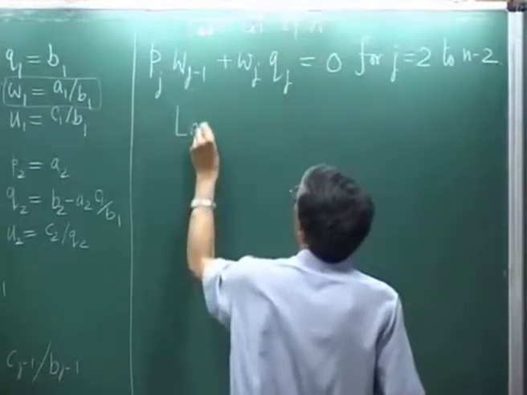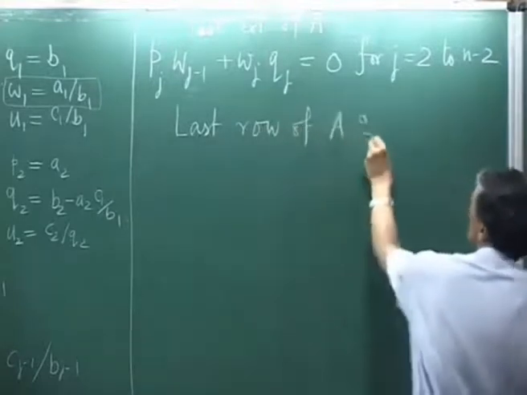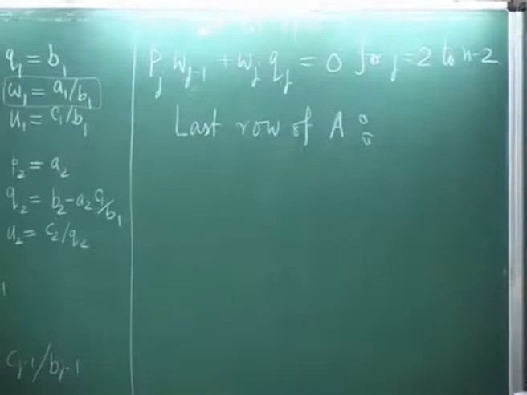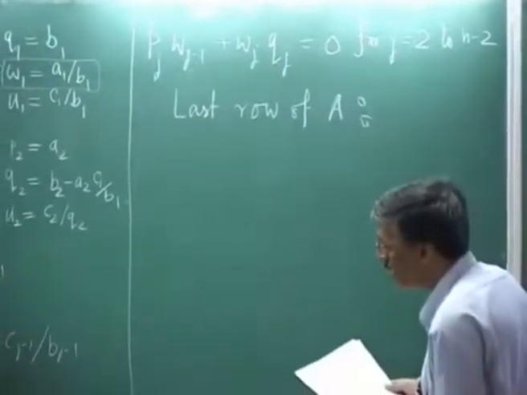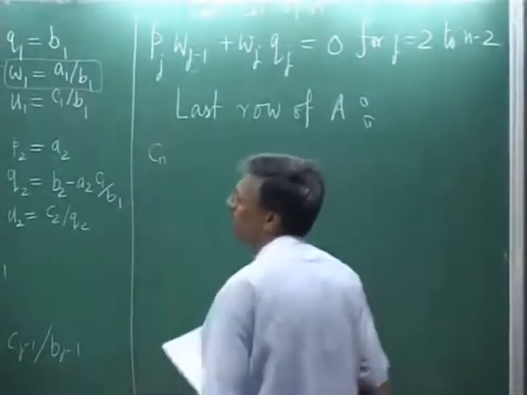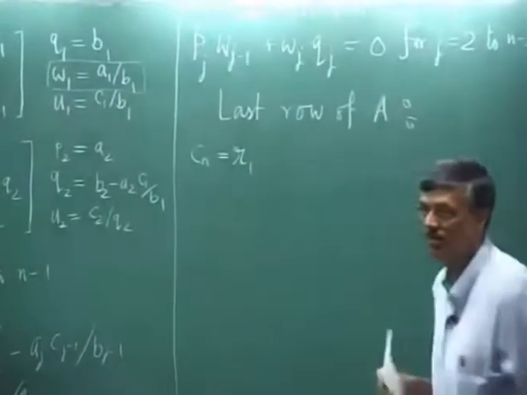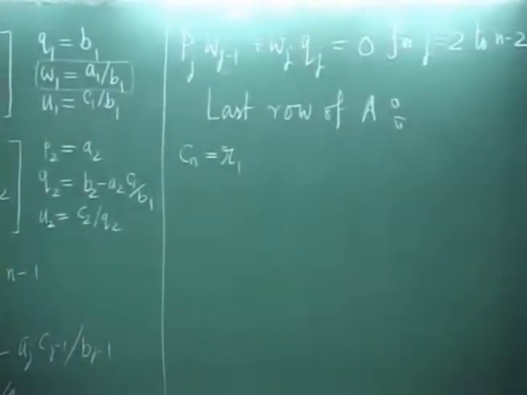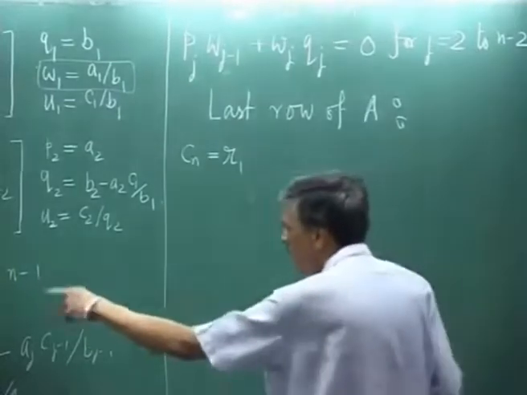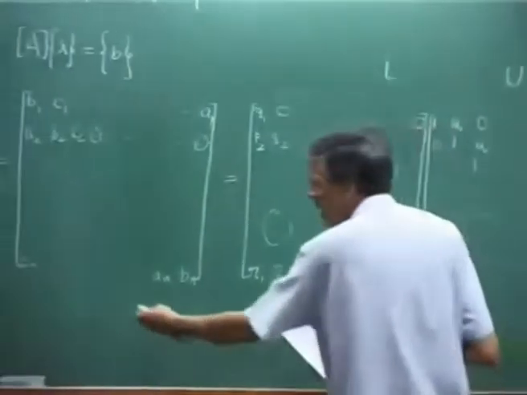Similarly, I could look at the last row of A. If I start looking at the last row of A, then what do I get? What is C n? C n would be this multiplied by the first column. So, that gives you simply R 1. That is easy. Now, I can keep doing it with different columns one by one, and those are going to be 0.